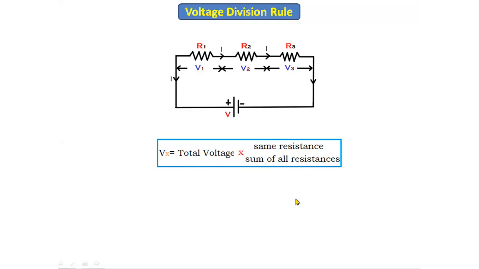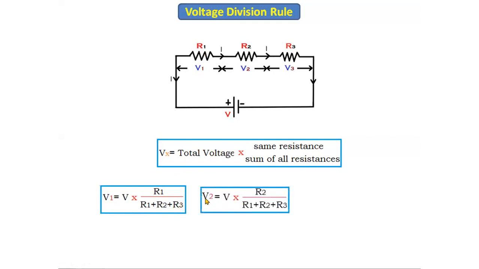Here, if we take the V1 value, V1 is equal to the total voltage into the same resistance. For V1, the resistance is R1, so R1 divided by R1 plus R2 plus R3. Like this we find the V1 value.